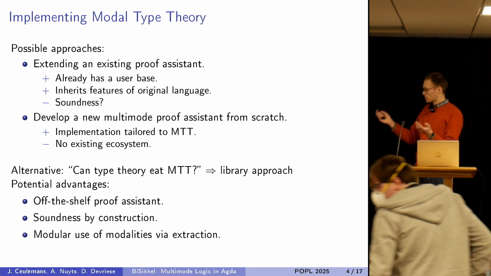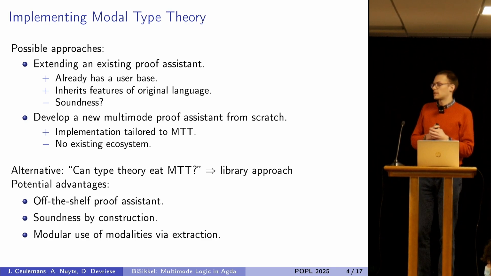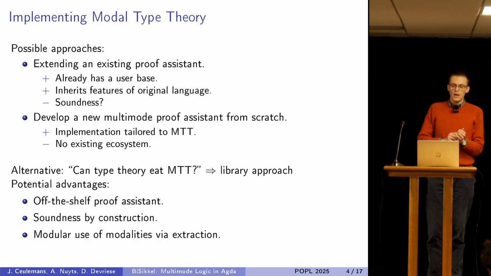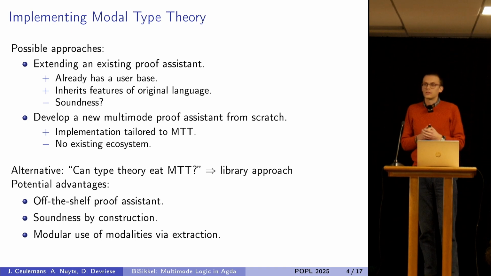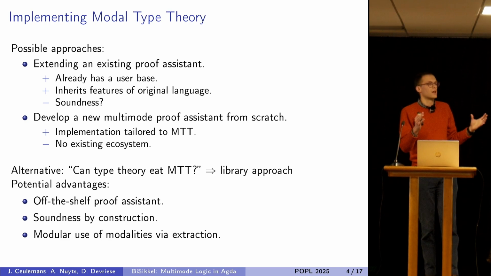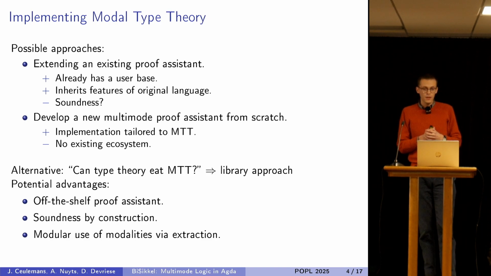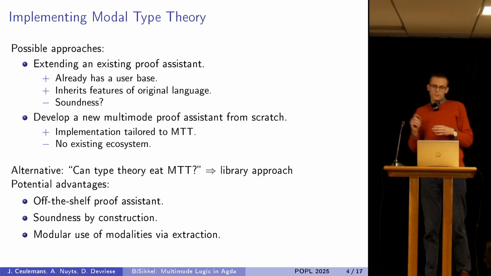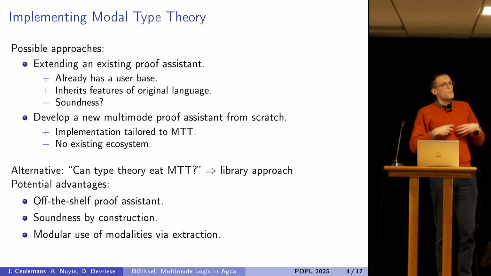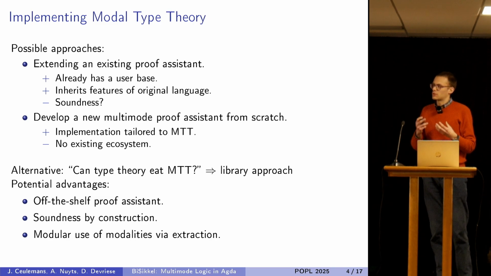And so that could have some nice benefits. For example, we would be working in an off-the-shelf proof assistant already, and soundness would be by construction because we are actually just implementing a library in an existing proof assistant. We're not extending a proof assistant. And then the third point is this library approach allows us to modularly use modalities. So what do I mean by that?